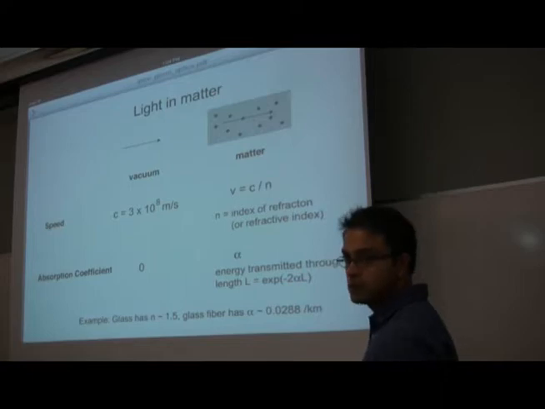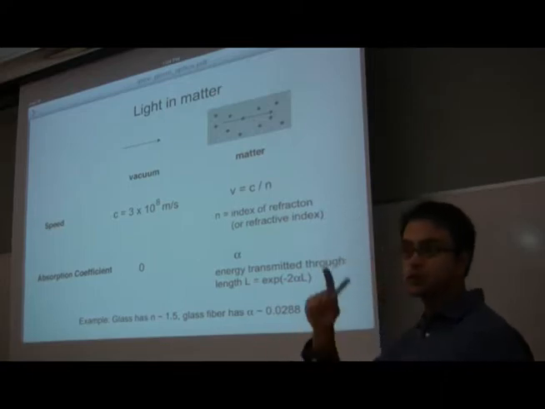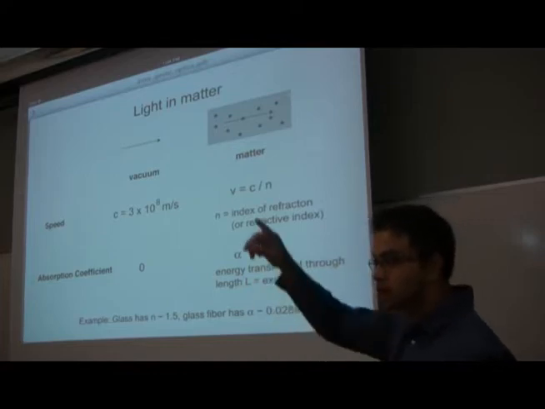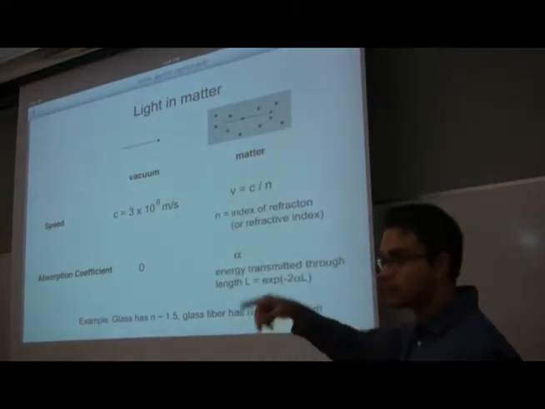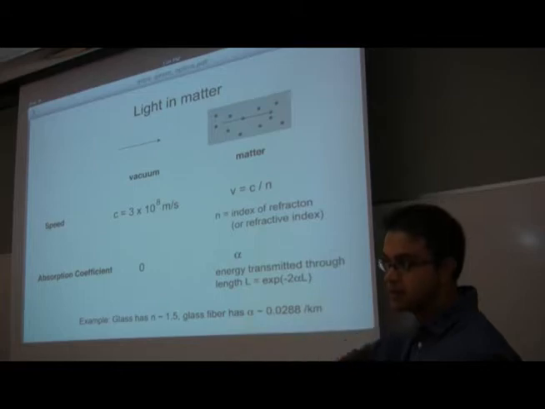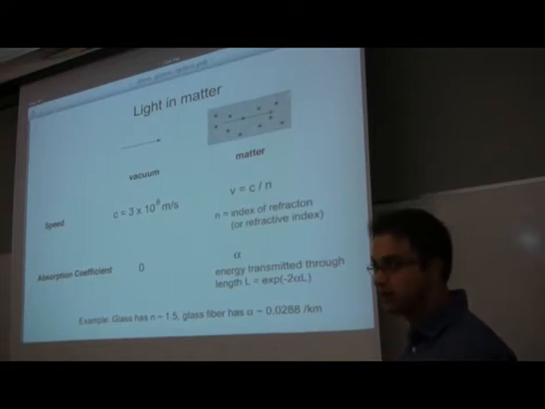Right? In matter, you also have something else happening. You get absorption. Right? We saw this in the solar spectrum. Remember, the AM0 spectrum was nice and smooth, whereas AM1.5 had these huge dips. And those dips we talked about had to do with absorption of light by ozone, carbon dioxide, and water. Right?